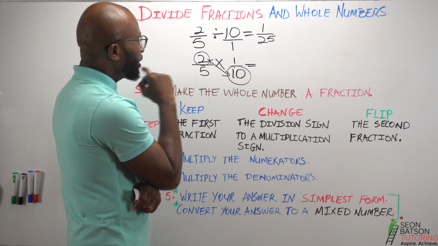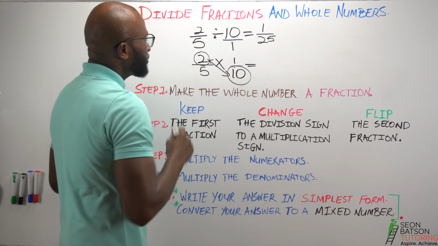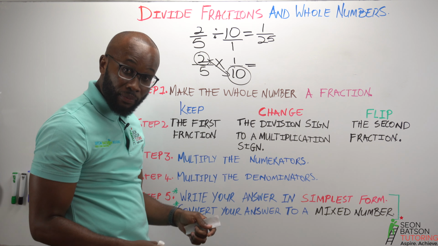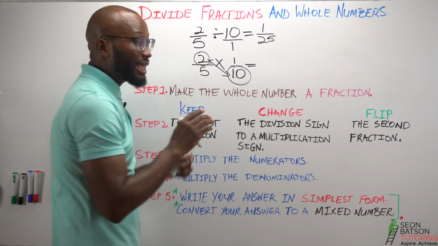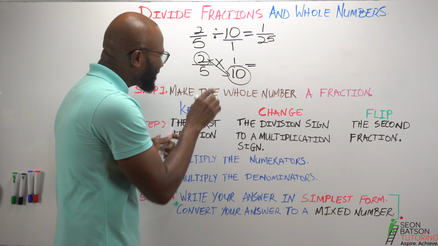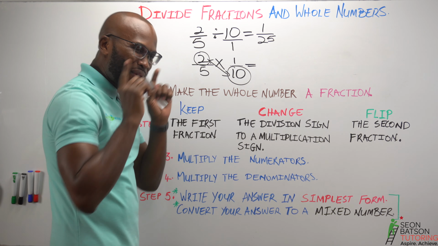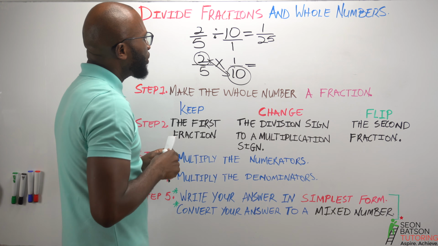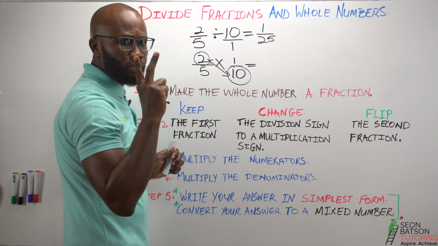Yes? To simplify the 2 and the 10, we will divide 2 and 10 by the biggest number that can go into 2 and 10 evenly. Yes? Or we will divide 2 and 10 by the greatest common factor for 2 and 10. The biggest number that can go into 2 and 10 evenly is 2.